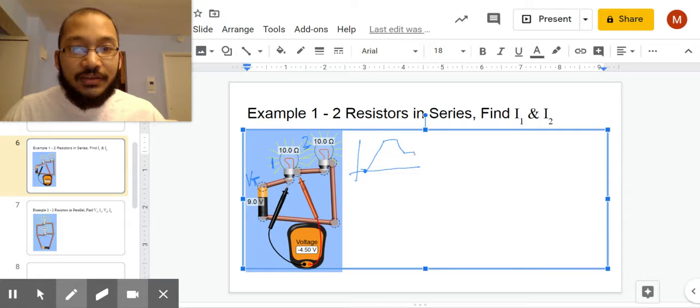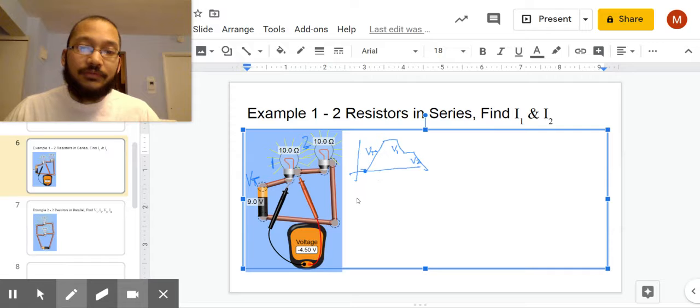Wire doesn't do anything, drop across the bulb. So how do I relate those voltages? I know that this is VT, this drop right here is V1, and this drop right here is V2, where those V's represent just the size. So if I want to write it as an equation, it's an increase of VT minus V1 minus V2.